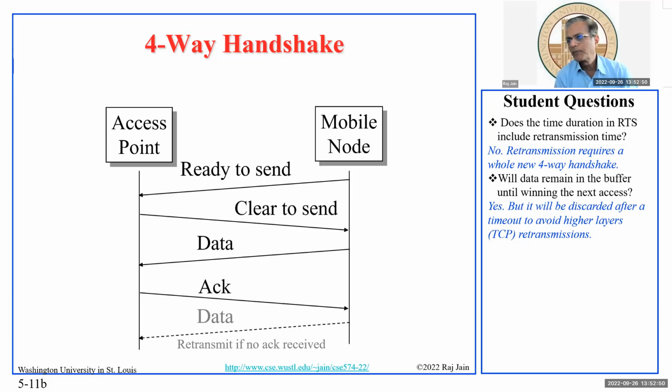You go and sense the DIFS and this and that, whatever we said, you have to follow those rules. Those rules are in addition to all this. All right, next slide. Will the data remain? Yes, the data is buffered until ACKed. When it is ACKed, then we throw it away.